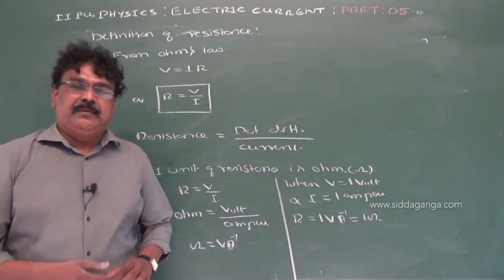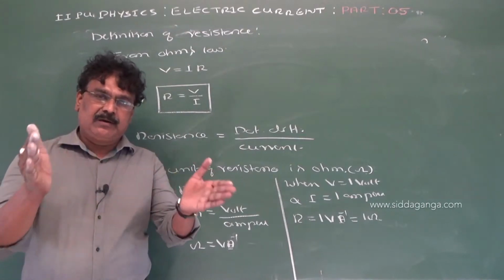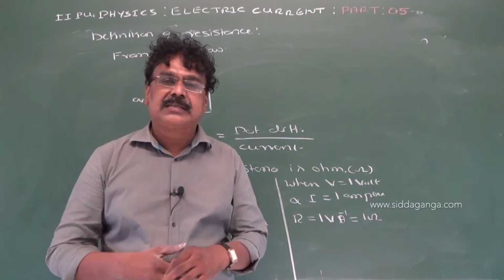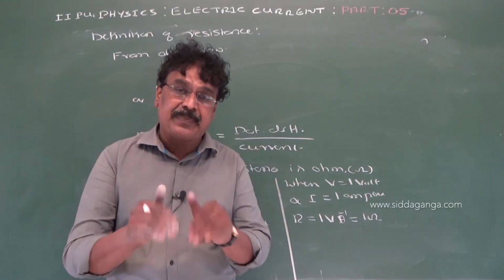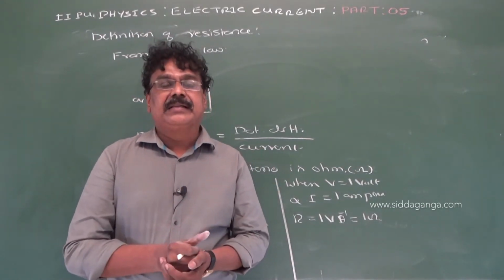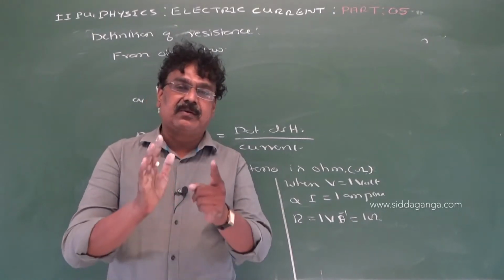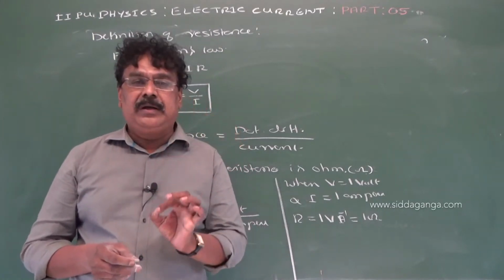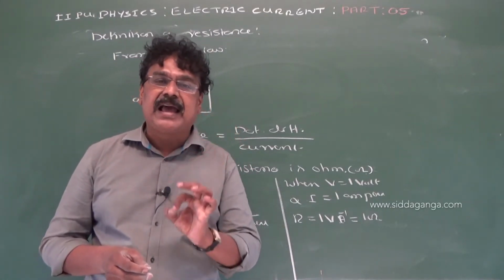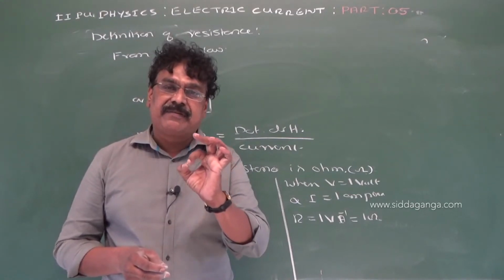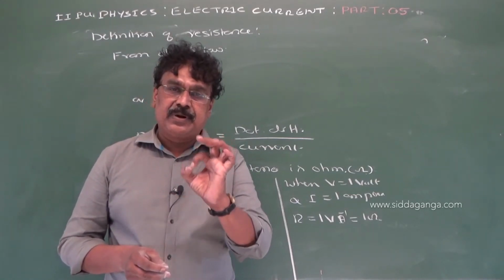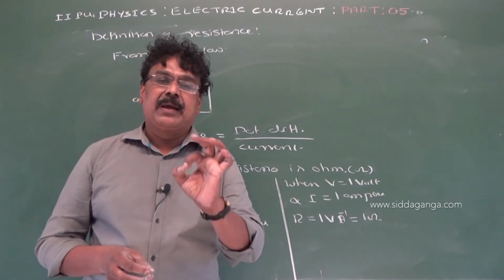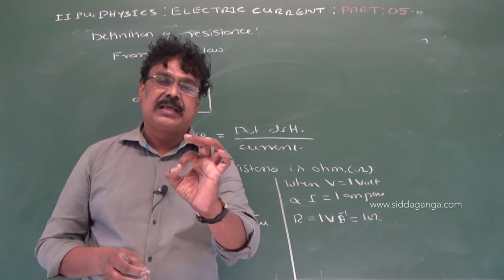So when 1 volt of potential difference applied to a conductor causes a current of 1 ampere in it, then the resistance of the conductor is equal to 1 ohm. Therefore, ohm is defined as the resistance of the conductor that produces 1 ampere of current when a potential difference of 1 volt is applied to it.